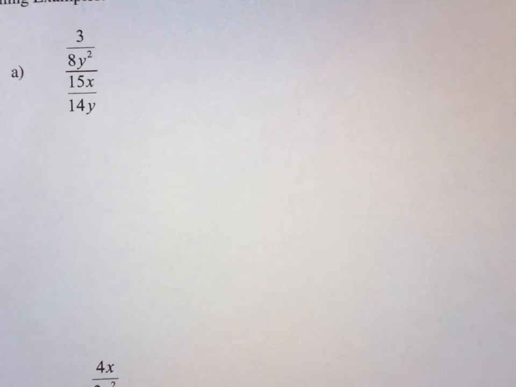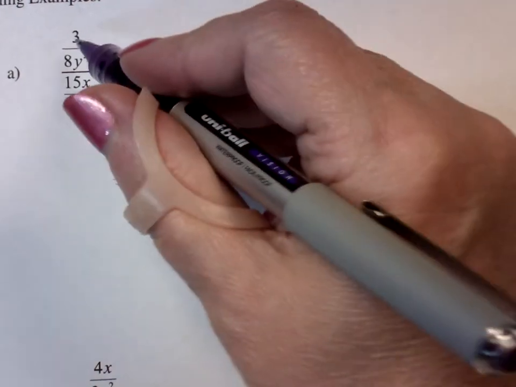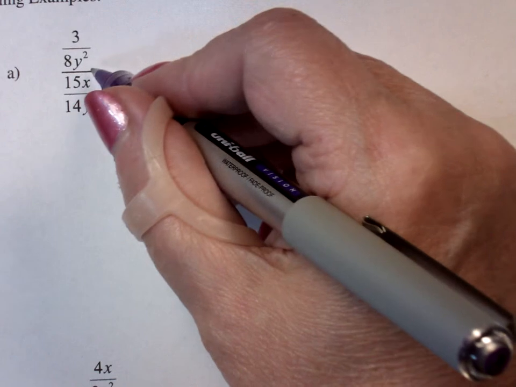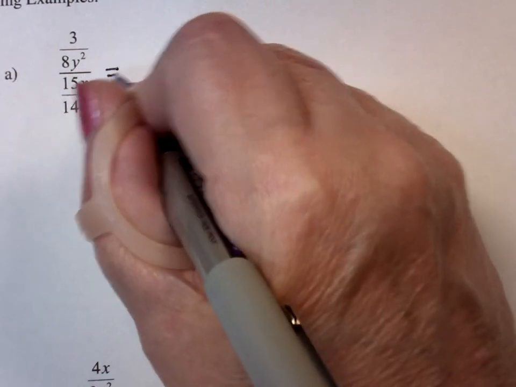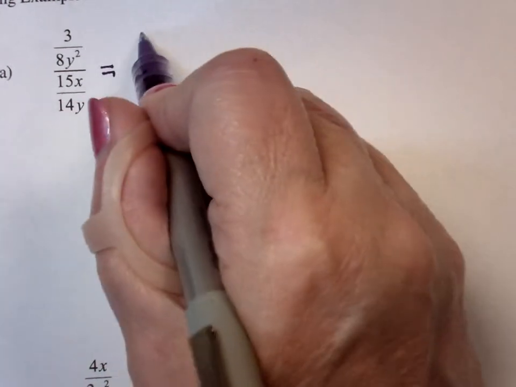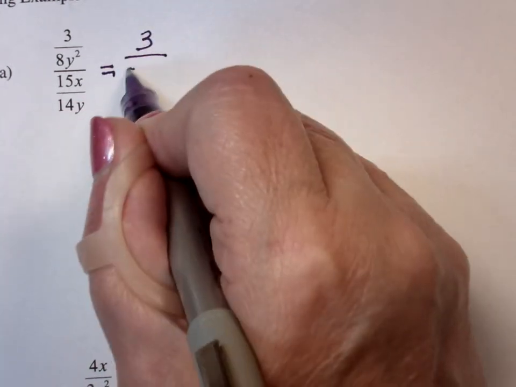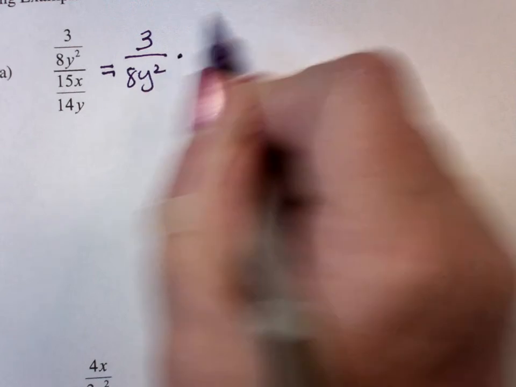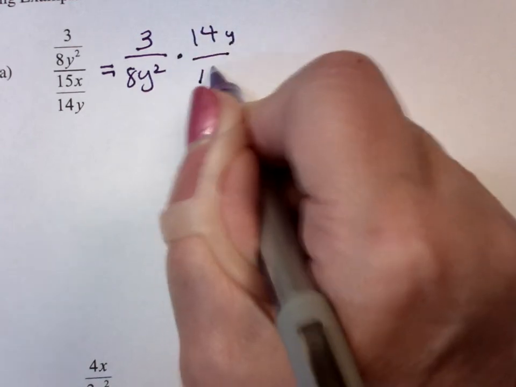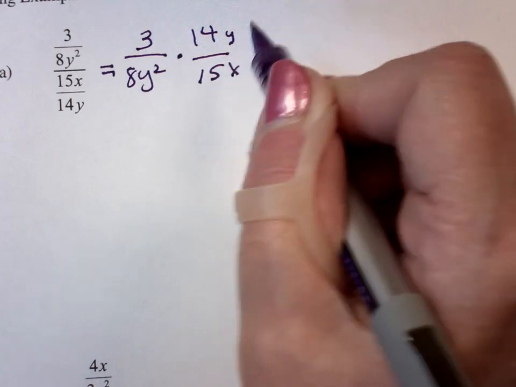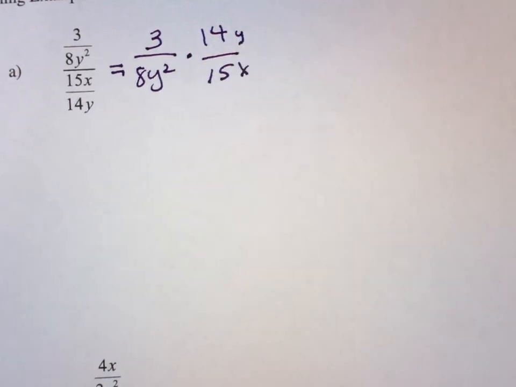Suppose what I have is 3 over 8y squared divided by 15x over 14y. Well, this is the same thing as saying 3 over 8y squared times 14y over 15x. Oh, shoot. It's not what I wanted to do.